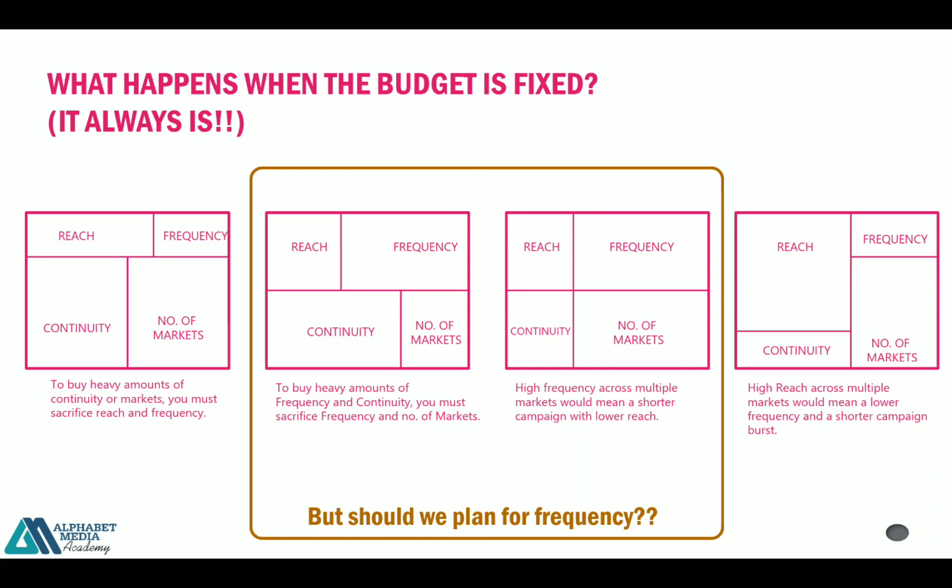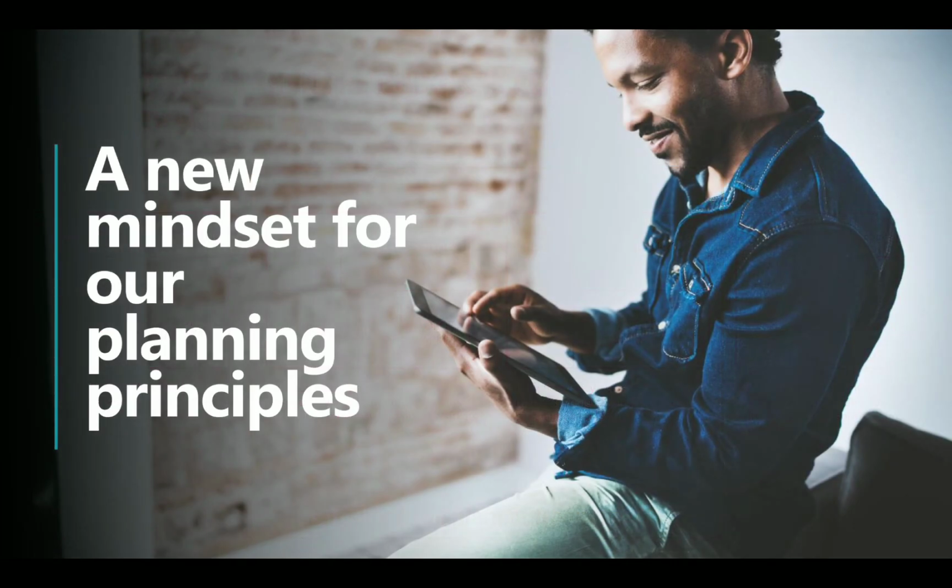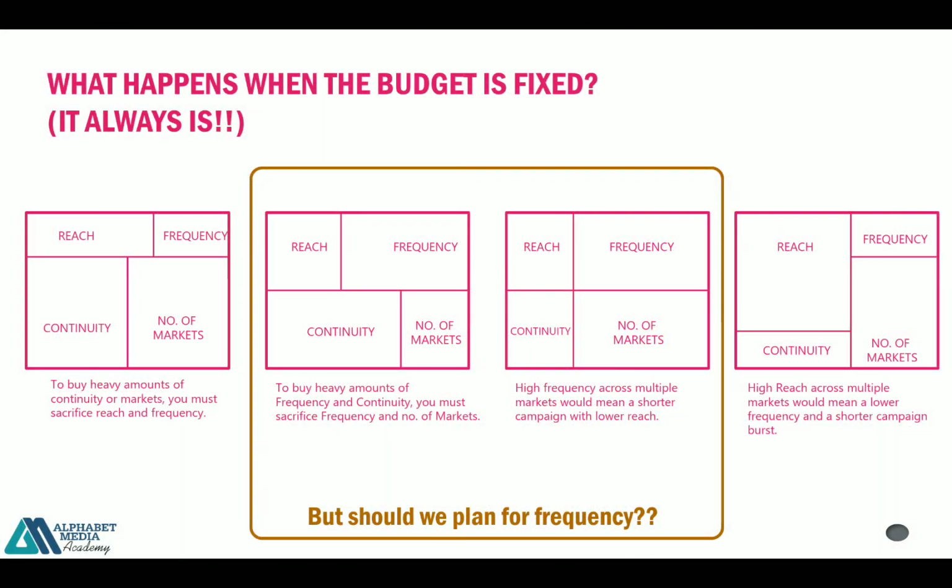Great. But the question again should be, should we really be planning for frequency? Historically, most people would say, well, the 3+ rule, and some modern marketing science has proven that probably isn't the best way to go. You want to focus on building reach because frequency tends to be a natural consequence of your attempts to build reach.